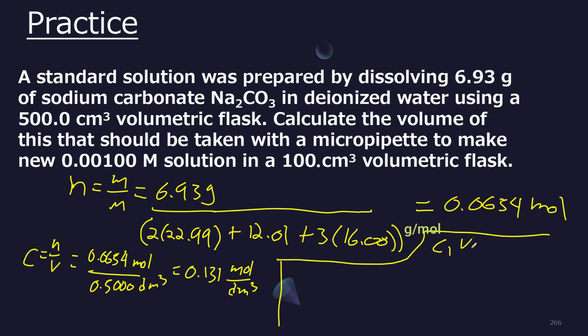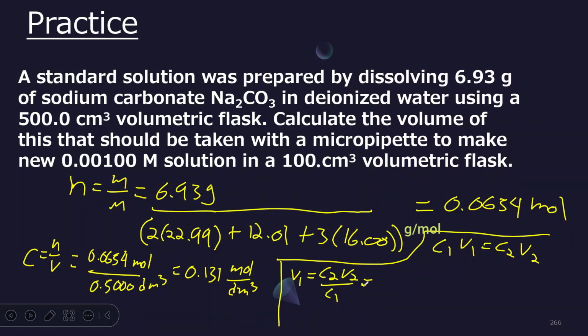So C1V1 equals C2V2. This time though, we're not looking for the final concentration. We're looking for how much should be taken with a micropipette to make a new solution. So in this case, we're looking for V1. That's C2V2 over C1.